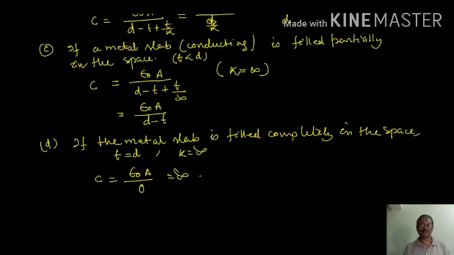So the capacitance of the parallel plate capacitor with metal filled completely in the space is infinity. So this is about the capacitance of a parallel plate capacitor with a dielectric and also a conducting slab. Thank you.